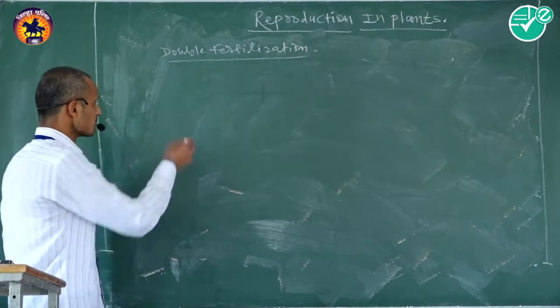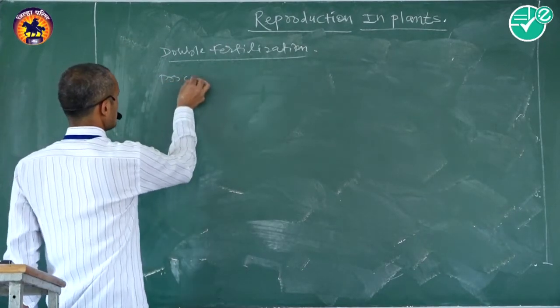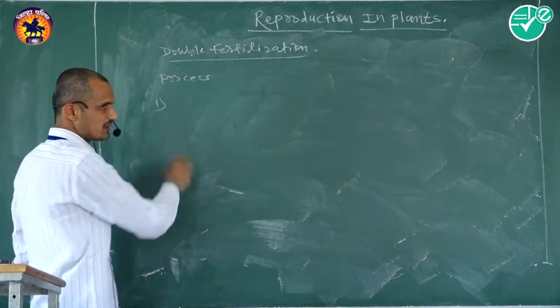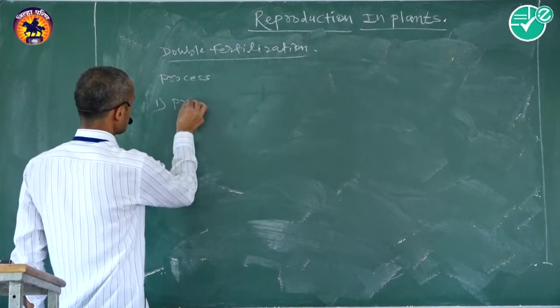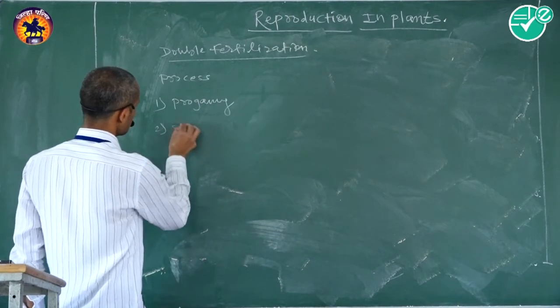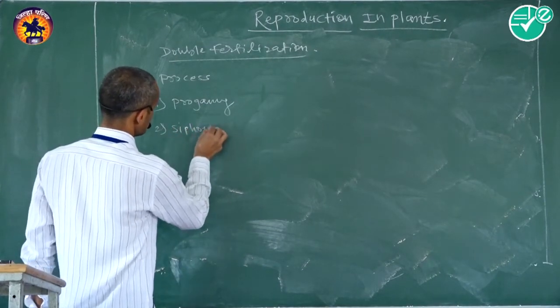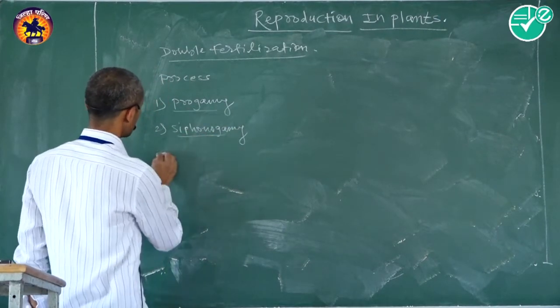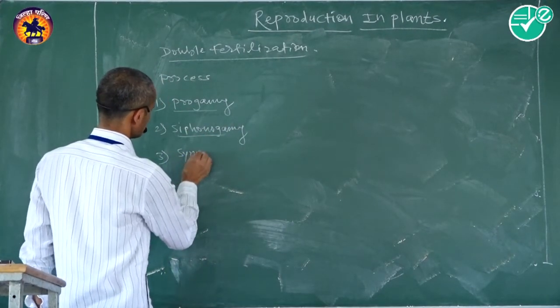Okay. The process of double fertilization involves the following steps. First one is progamy. Second one is sphanogamy. Third one is syngamy.